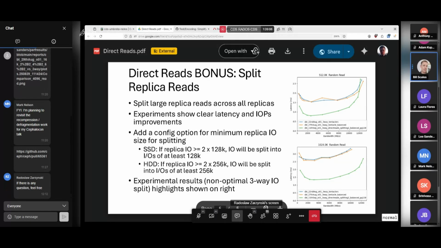That's because if you generate too many smaller IO requests, we're back into the same situation as with the erasure coded pools with the medium-sized IOs, where we run out of CPU because we've broken it up into too many small IOs.